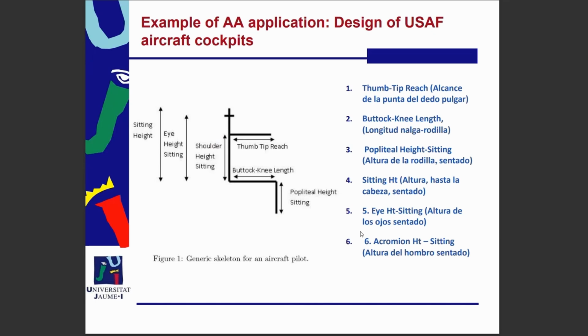Well, this is an example of an archetypal analysis application. In fact, this was the problem that was the origin of my work in this area. This problem came from the Valencian Biomechanical Institute here at the Politecnica Valencia, and they wanted to design cockpits, and we considered six variables.